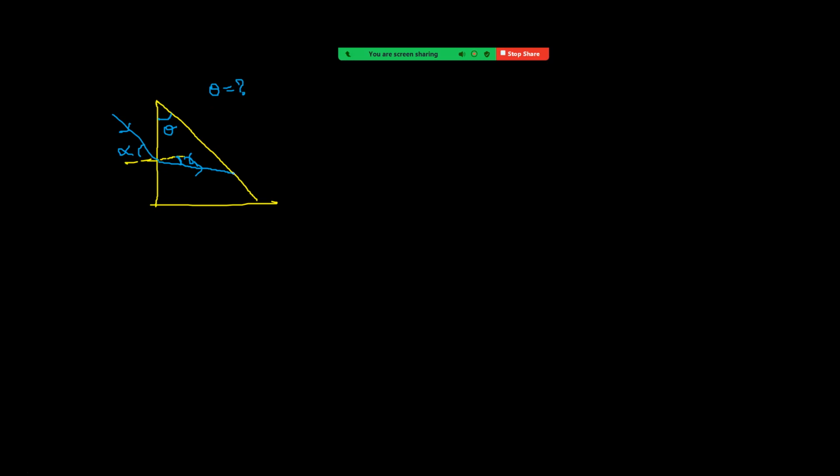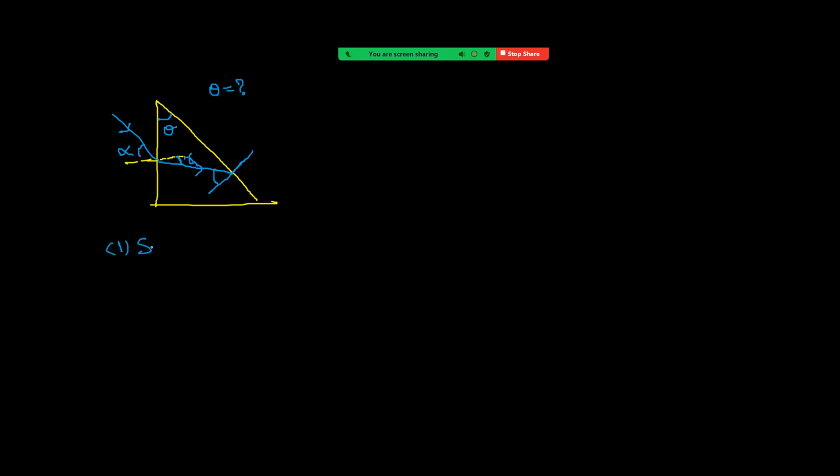Let us take at this point normal. See what is angle of incidence here. This is alpha. Let us take here Snell's law at this boundary. Then see what we get from here. So I'm taking mu1 as 1.